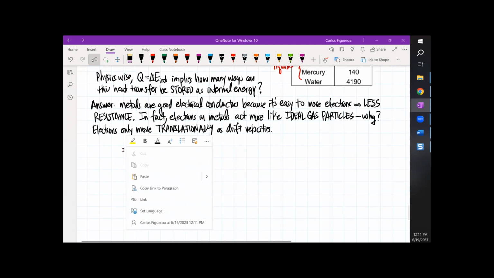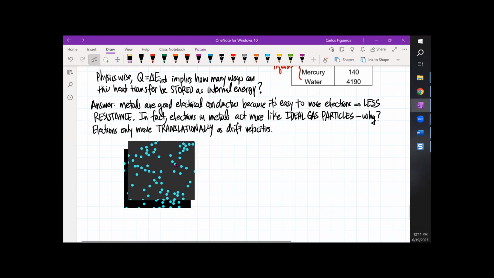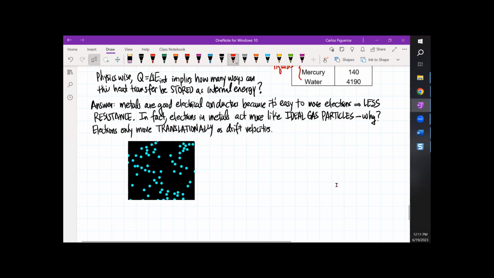If you look at the image, you're seeing that if we're talking about translational motion, they're moving effectively in one direction. So we say that KEmicro can only go into K translational, which is then proportional to the temperature. So all of the heating goes into K translational, nothing else.